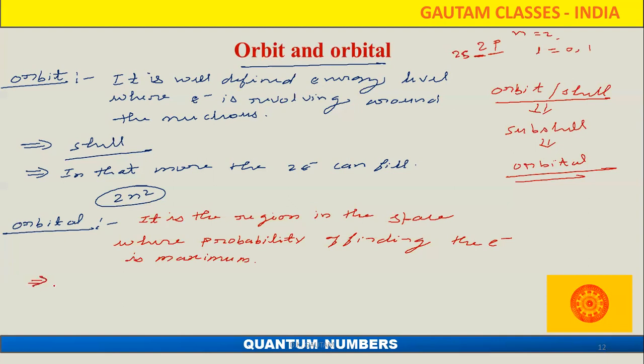Next thing, in an orbital, how many maximum electrons can fill? Maximum 2 electrons can fill in an orbital with opposite spin.